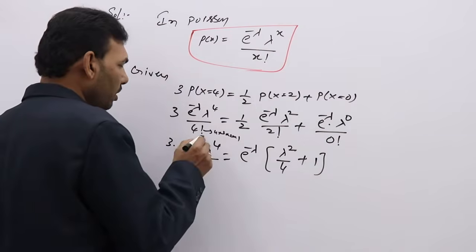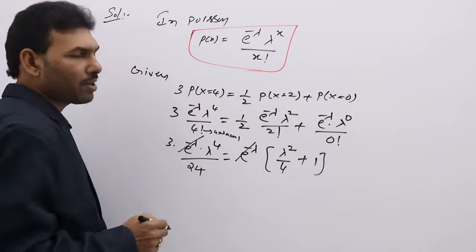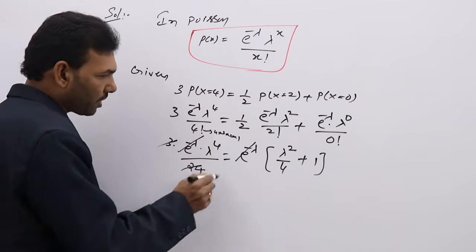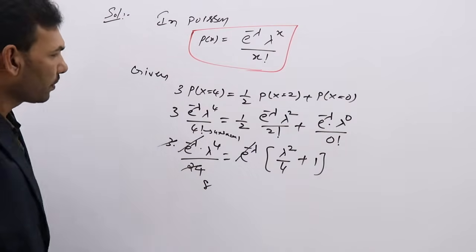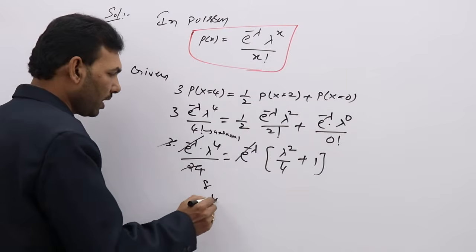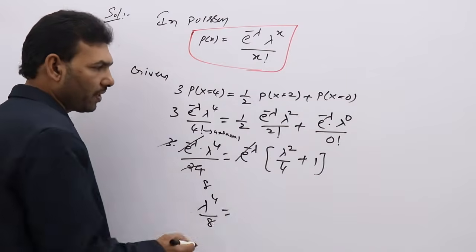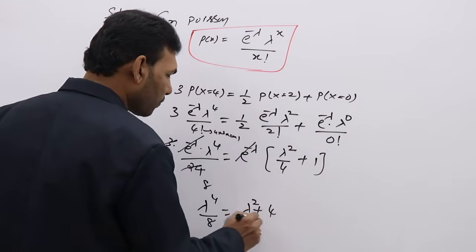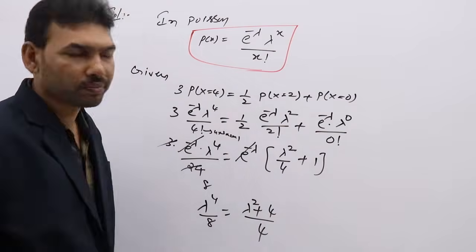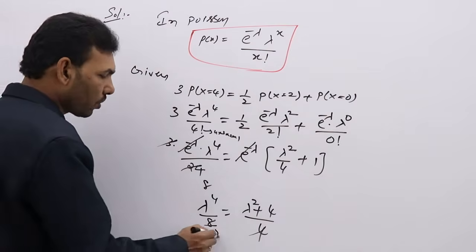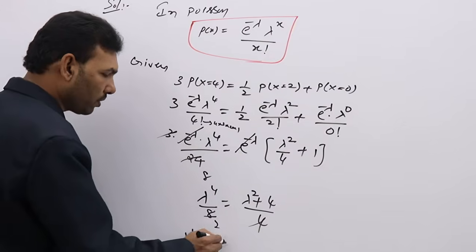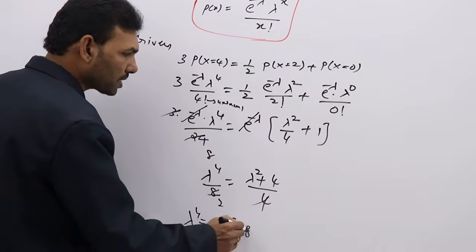So e power minus lambda cancels. What is left over? 3 1s are 3, 8s are 8. So here you have lambda power 4 by 8. Here, if you take 4 as LCM, lambda square plus 4 by 4. 4 1s, 4 2s. So lambda power 4 equal to 2 lambda square plus 8.